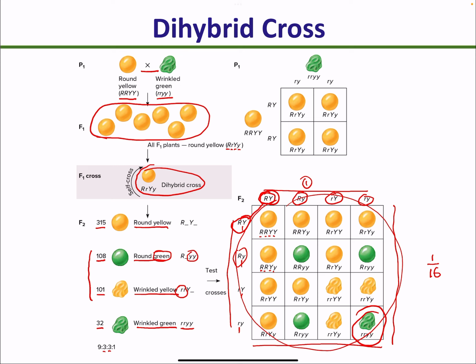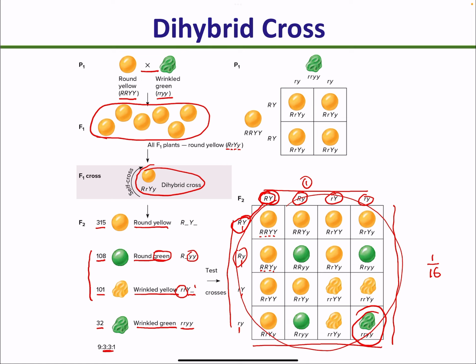Now, the round shape can be capital R. We don't know if it's lowercase r or capital R. For the yellow here, we know that they are yellow, so they carry a capital Y, but we don't know the other one if it's lowercase y or capital Y. It doesn't matter, but we know that they are going to occur 3 out of 16 for each of them.